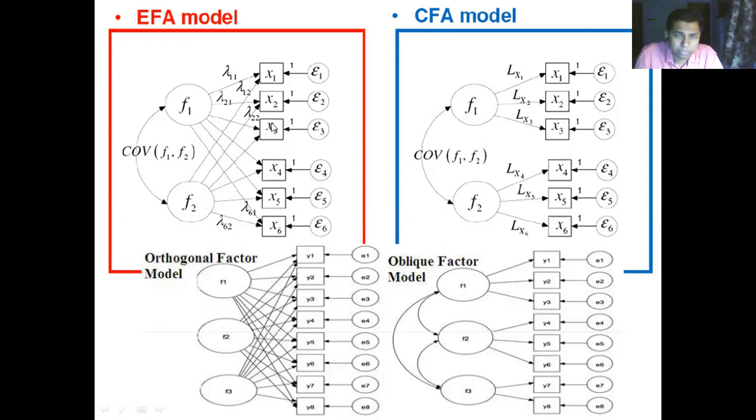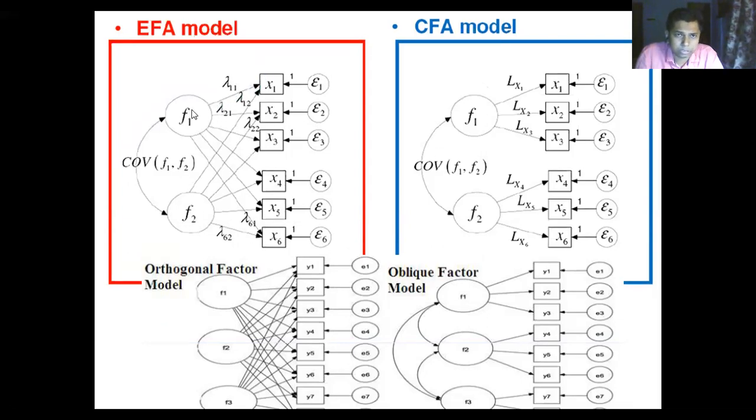But in case of principal component analysis, the direction of the arrow is reversed, because you are accumulating some variables to make some component that may not be meaningful in the real world.